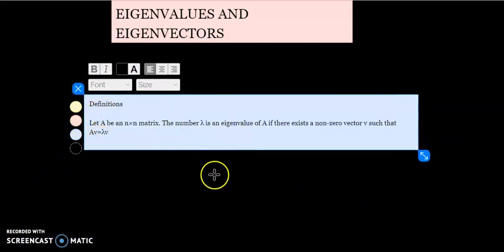So we said that let A be an n by n matrix.